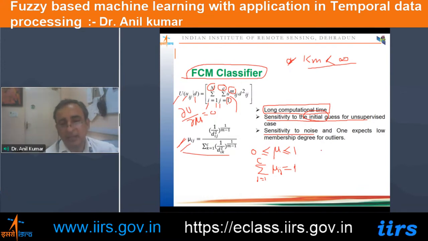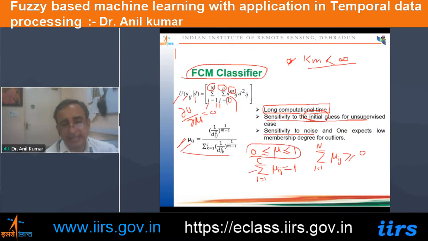And the third constraint does not have much meaning, and that talks about i equal to 1 to n, mu ij more than or equal to 0. So this is just talking about membership values between 0 and 1.